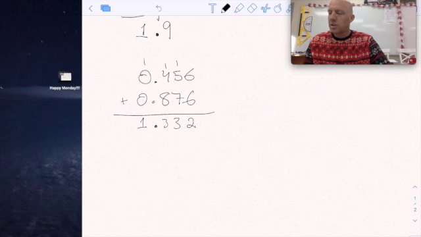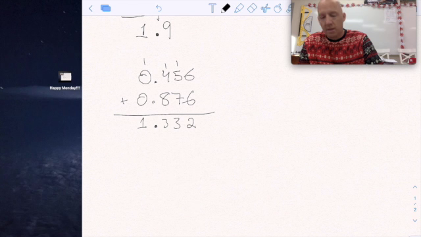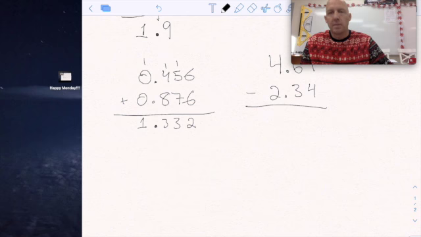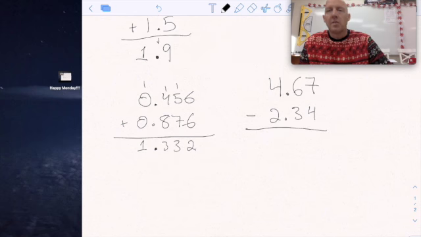Okay, let's do a subtraction one. I think you'll notice there are some very common things here. How about we try 4 and 67 hundredths, subtract 2 and 34 hundredths. And I'm going to slide that down so you can see it. Okay, so on this one, same thing applies. I'm going to stack those properly so that my hundredths are together, my tenths are together, and my ones column is all the same.